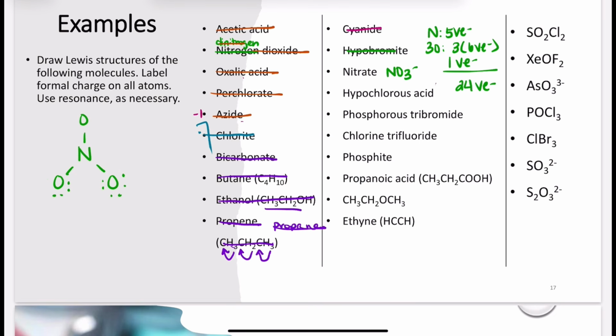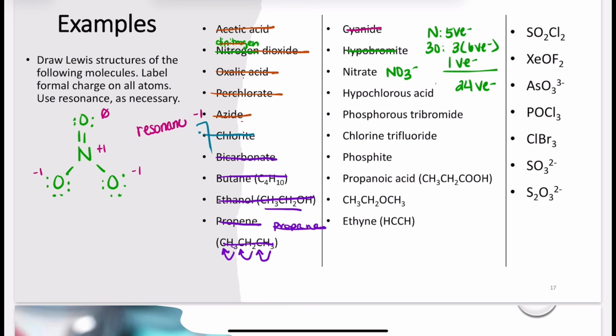Give your outer atoms their octet. Now I don't have any electrons left over, but nitrogen needs its octet. So I'm going to pull from one of the oxygens to give it its octet. If I look at formal charge here, 0, +1, -1, -1. Overall, still a -1 charge.